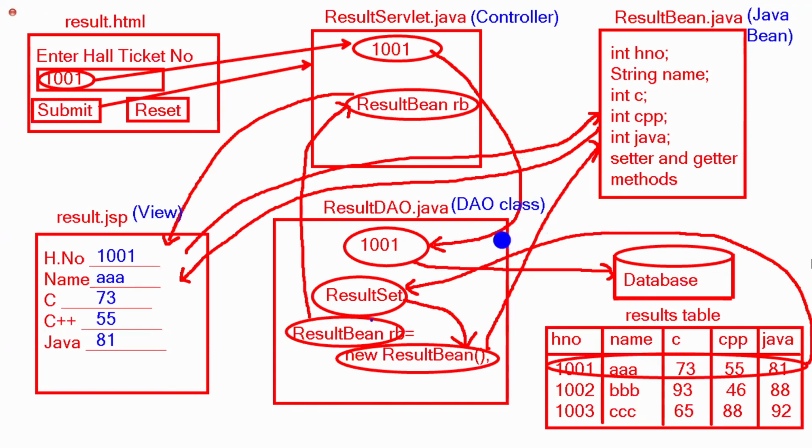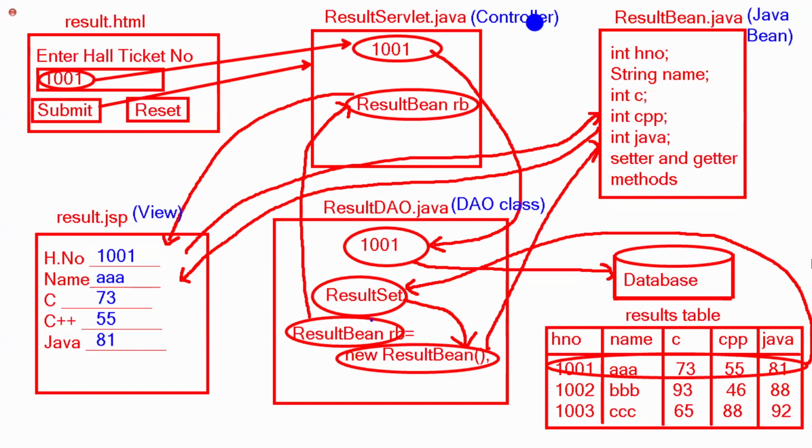The data is loaded as a result set. Through setter methods, I'll place it in the bean class. That reference I'll pass to the Servlet, and I'll forward it to the JSP. The JSP will communicate with the Java bean to get the data. This data and the designing, your data comes from the bean, plus the HTML code designing, totally will pass to the browser.